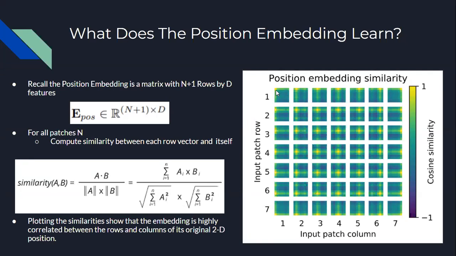So we can intuitively think if we laid this out, we would have maybe 7 by 7 input patches, which would correspond to a long sequence of patches. If we looked at the first patch, which was represented in the top left corner, we could see that there's a very high similarity with the same row because that's exactly the same row that it was computed on.